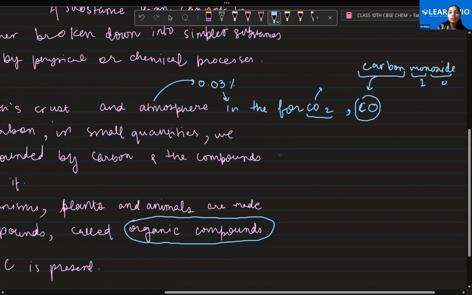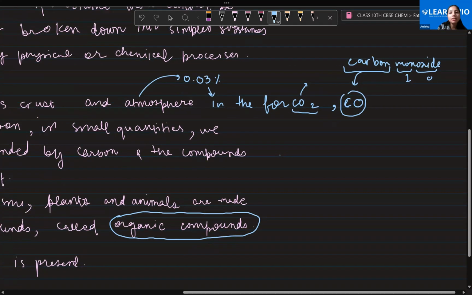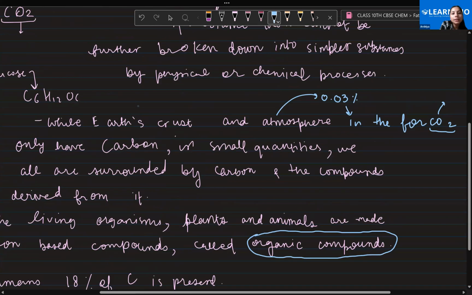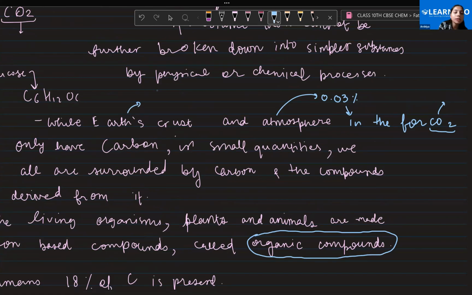Now, this was for the atmosphere. Now, in the Earth's crust, it is present in 0.02%. Whatever composition of other elements there are in the Earth's crust, carbon is 0.02%.